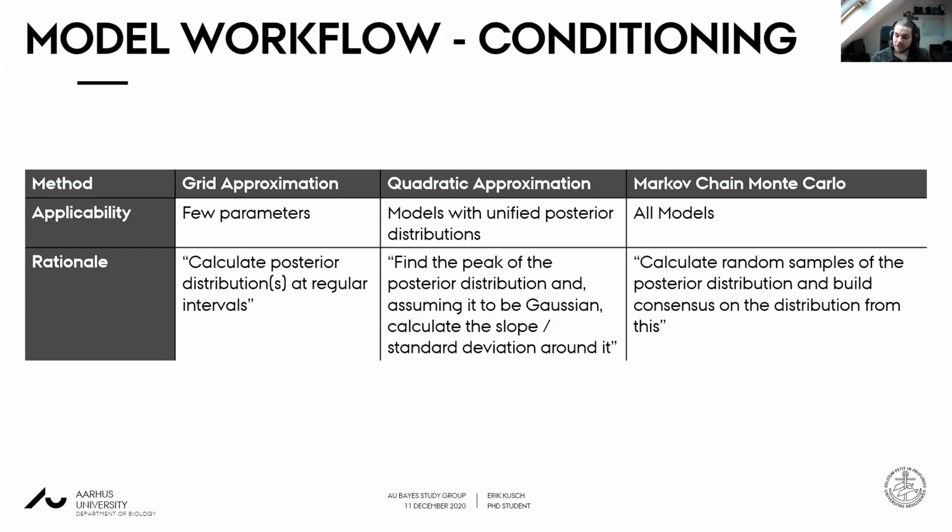Now, the last one that McElreath mentions is the Markov chain Monte Carlo method, which should be, from my understanding, applicable to all models, but it does work a bit as a black box. So for smaller models, you might be better off with the grid approximation because you can understand better what's happening. And what you do with this one is that you calculate random samples of the posterior distribution and then build a consensus of that distribution from those random samples.